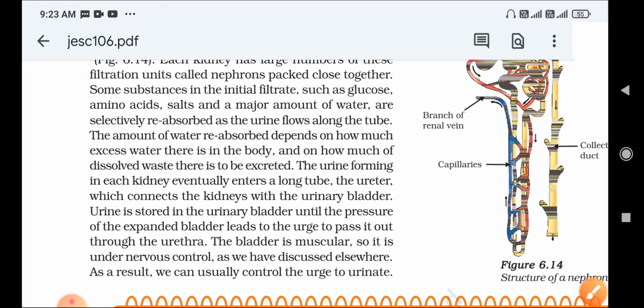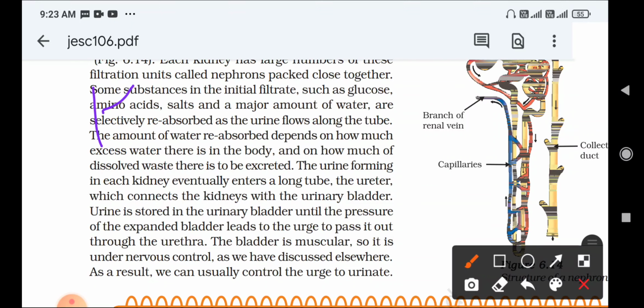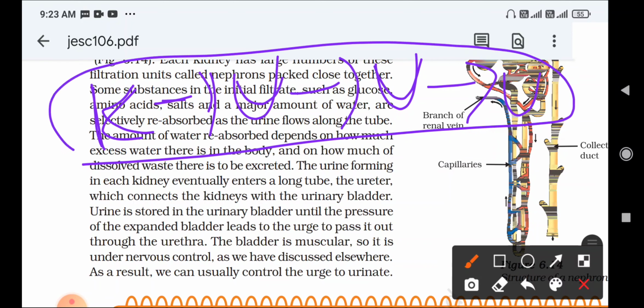First kidney, after that ureter, then urinary bladder, then urethra. This is the process by which urine is transferred outside of the body.